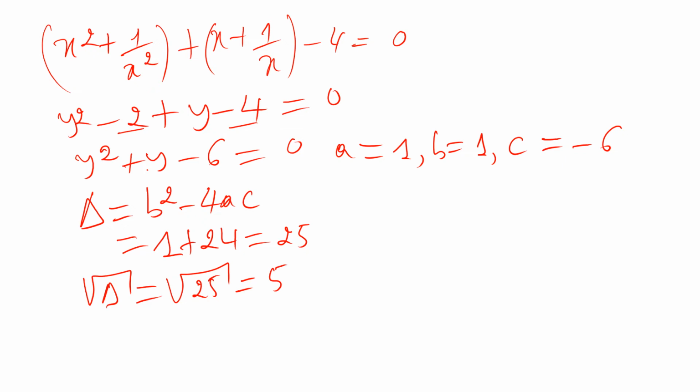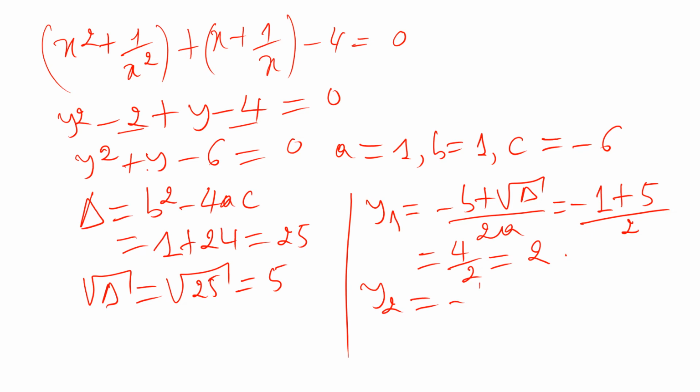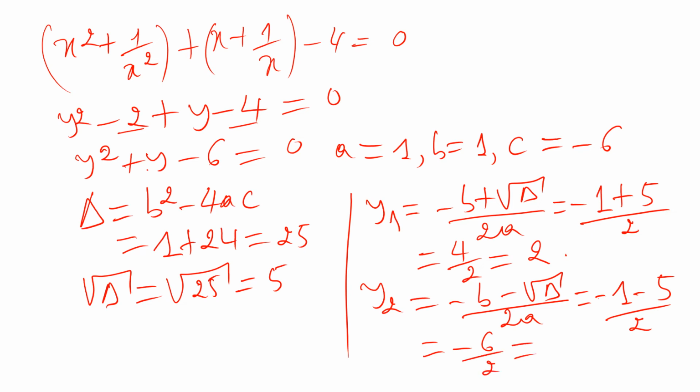Then we get 5. Now we need y1 equals minus b plus square root of delta over 2a, equals b is equal to 1, then negative is negative 1, plus 5 over 2a, 2 times 1 is 2, equals 4 over 2, then we get 2. y2 equals minus b minus square root of delta over 2a, equals negative 1 minus 5 over 2, equals negative 6 over 2, equals negative 3.